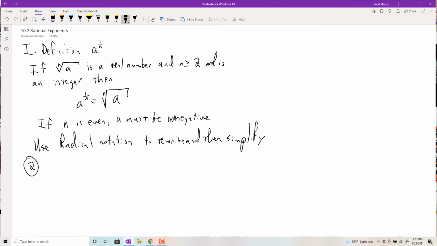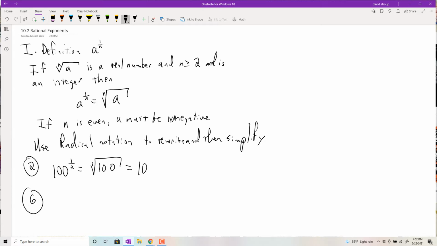So let's look. Number 2, 100 to the 1/2 power. Okay, that's just the same as the square root of 100. And again, that number 2, we usually don't put that there for square roots, but if you need to, you can put it there, but it's not necessary. And then the square root of 100 is just 10. What times what is 100? 10.